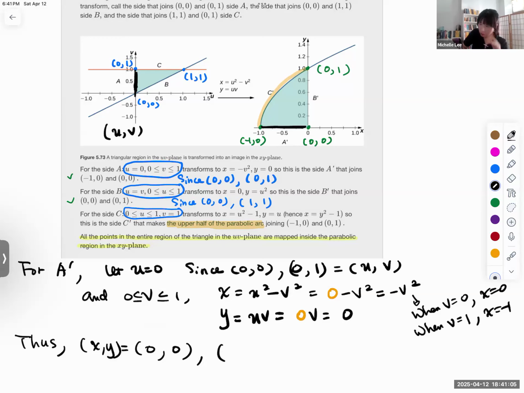And we get -1 for the x, y equal to 0, right? That's how we got A prime there. Can you see? -1, 0, 0, 0. All right, so same concept, B.